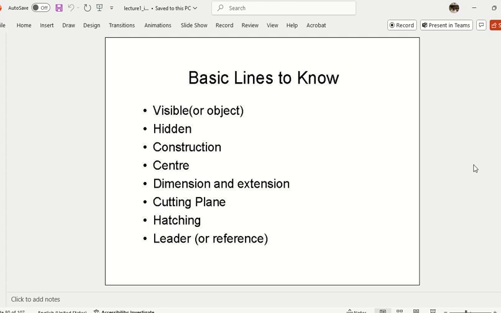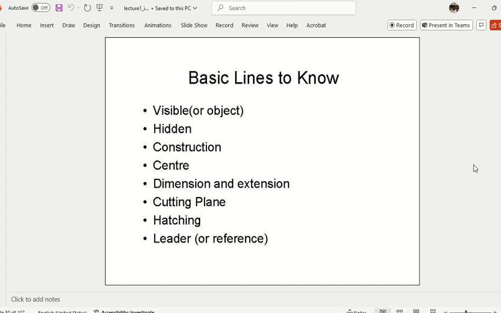Okay. When you are making the drawings, you should know the types of lines. I already told you 2 types of lines in the drawings. One was a solid line, one is a dashed line.